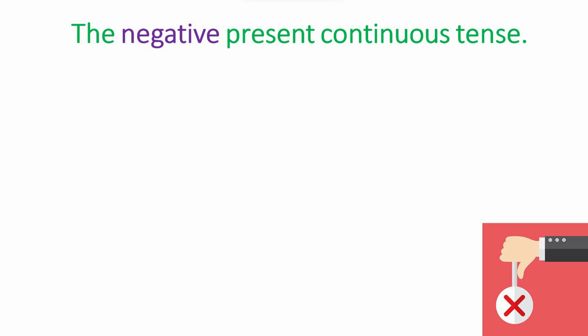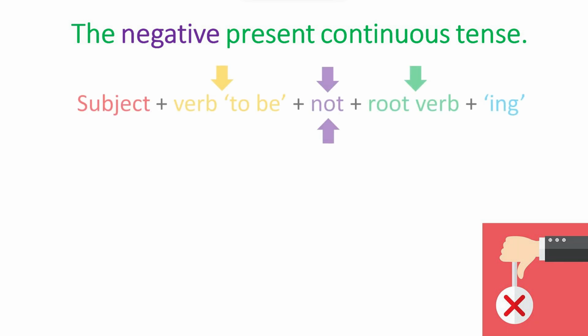All we need to do is add the word not to our sentences between the verb to be and the root verb. This makes the form of the sentences subject plus verb to be plus not plus root verb plus ing.